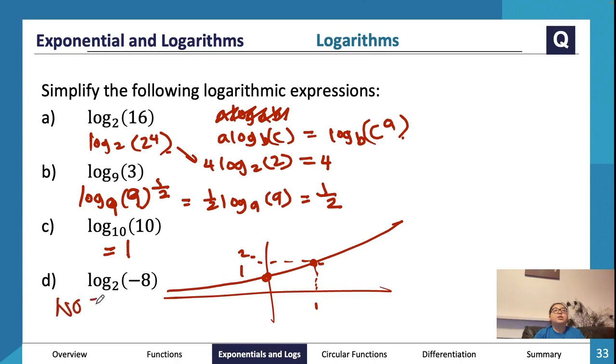So the last one is not possible for us. It's really important that we remember that negative numbers cannot be included unless it's negative x, and then you flip where the graph sits.